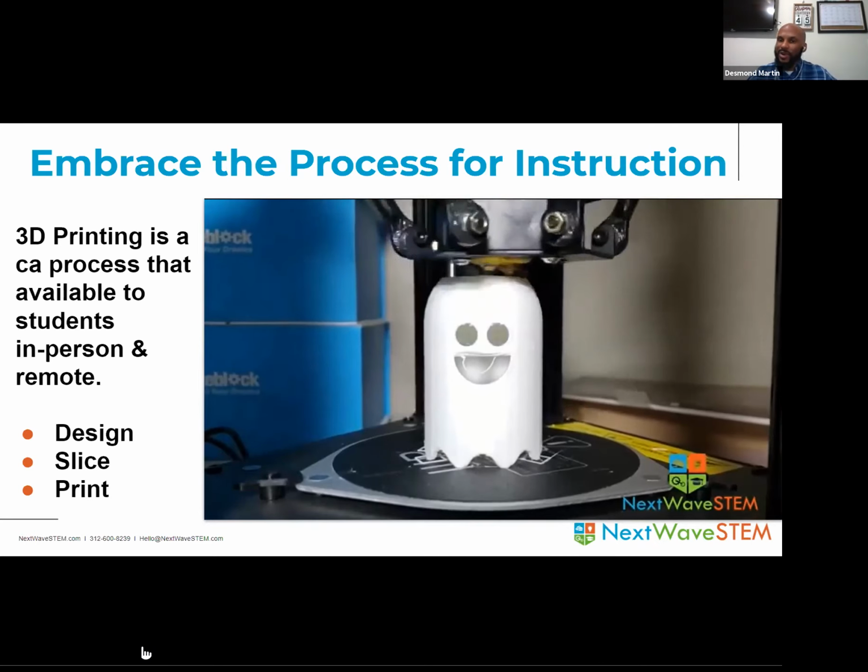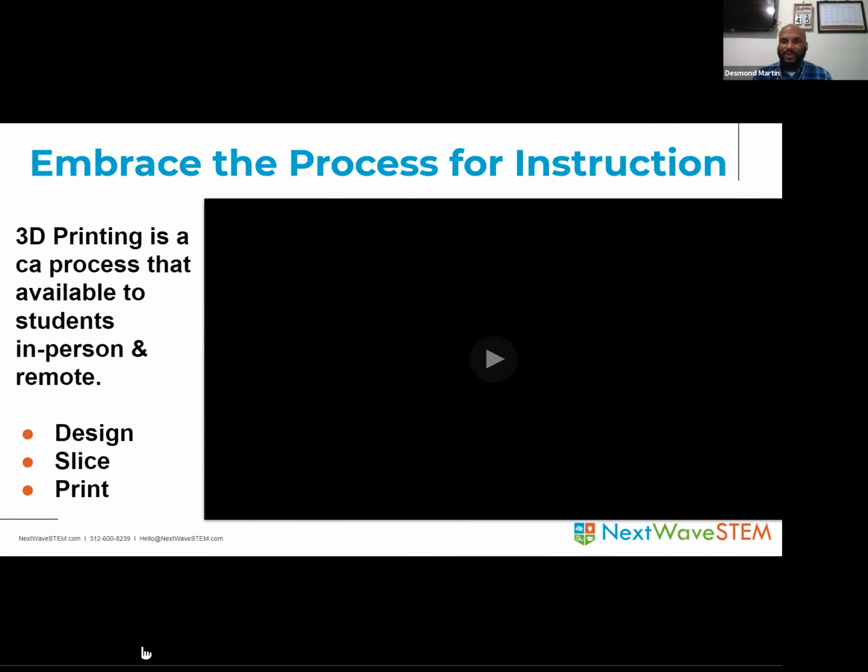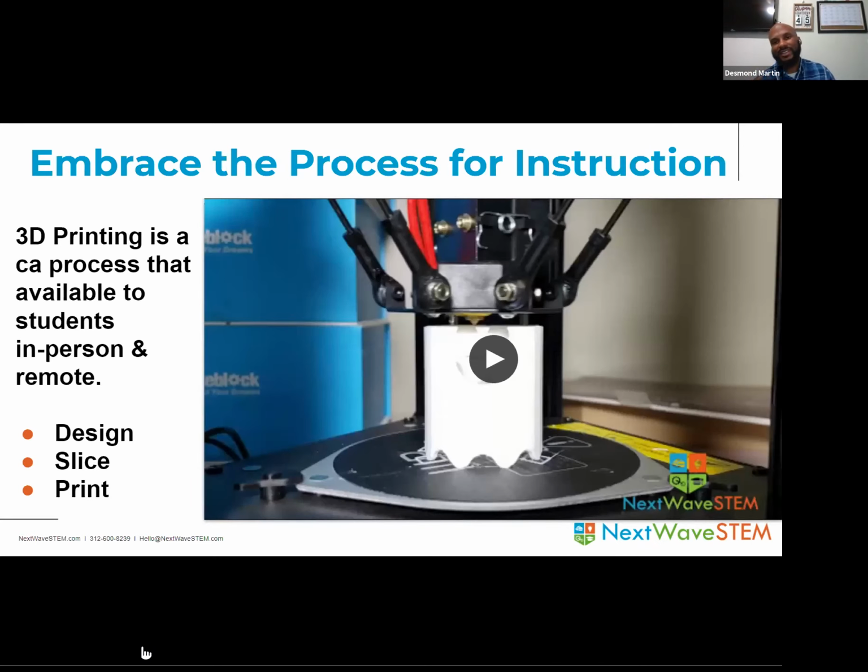You'd be surprised to learn that a 3D printer is able to print in many different ways. And the ability for a student to slice effectively can dramatically change their 3D print. And then when we think about that final print, if we're working in a hybridized learning model, students are able to engage with their actual 3D printer, loading up the filament, actually preparing the print, removing it from the print bed, modifying.